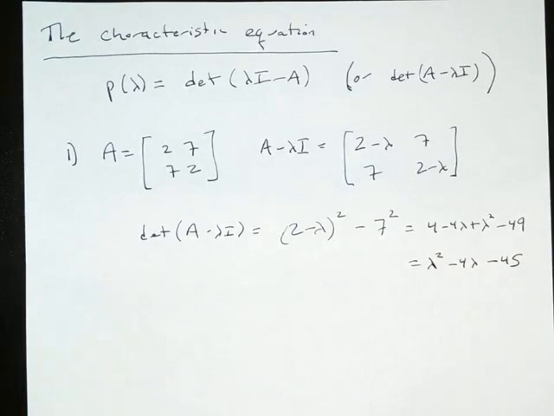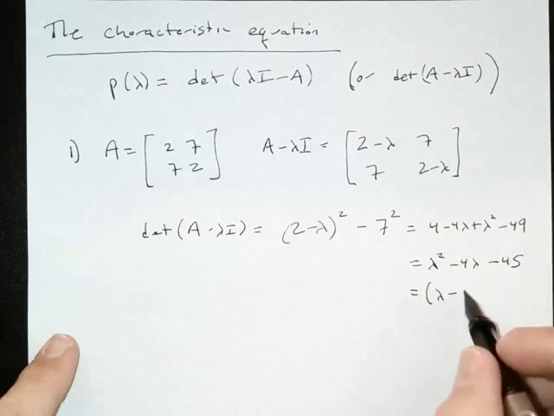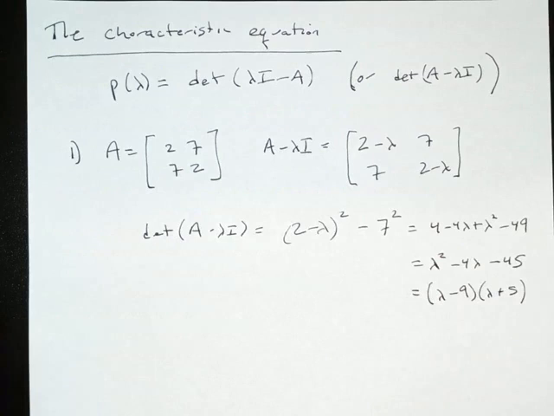Which gives me a quadratic equation. Which happens to factor nicely. So the eigenvalues are pretty nice. 9 and negative 5.